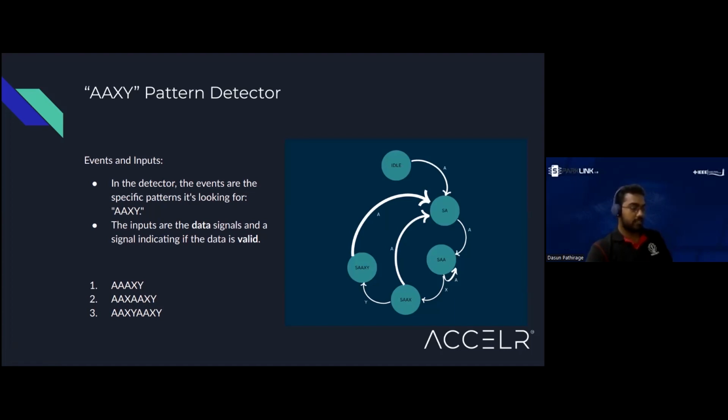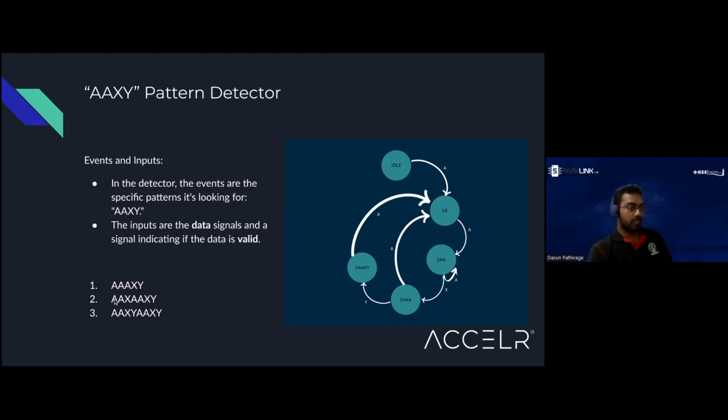So in that case, first we get A, then again A, and then X. Then it receives A again. If it goes to the idle state, it's wrong, because we received A, so there is a state called state A. When we receive A, we have to go to this state, not the idle state.